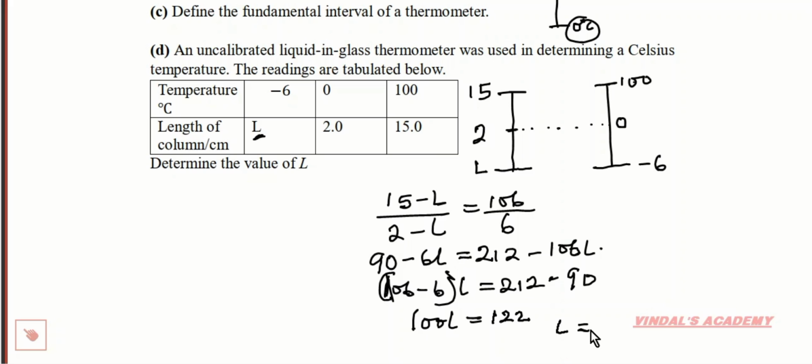So L is going to be 1.22 centimeter. So when it's reading 0 degrees Celsius, this one will be reading 1.22 centimeter. All right, let's keep going.